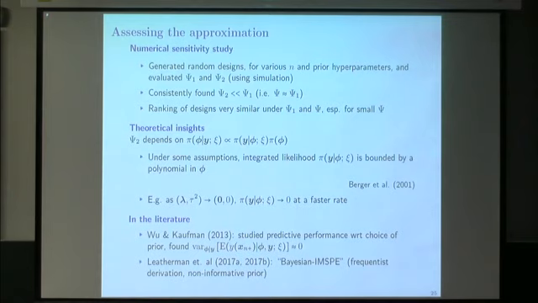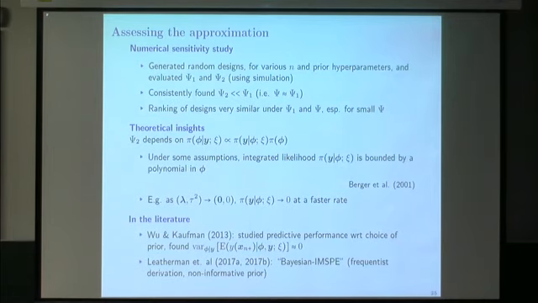We always found that the first part, psi 1, dominates psi 2, and in fact psi 2 is very, very small and very close to 0. So the rankings of the designs are very similar under psi and psi 1.